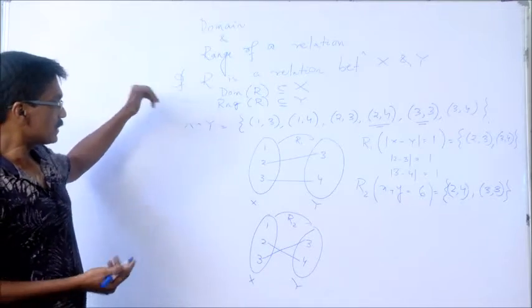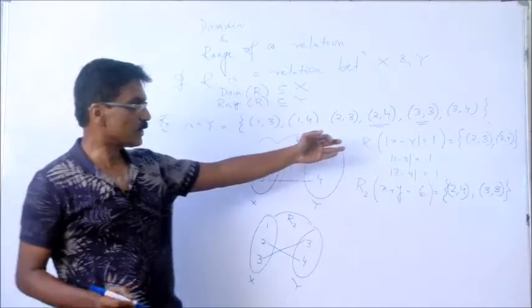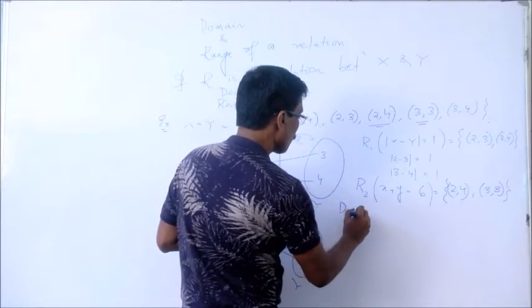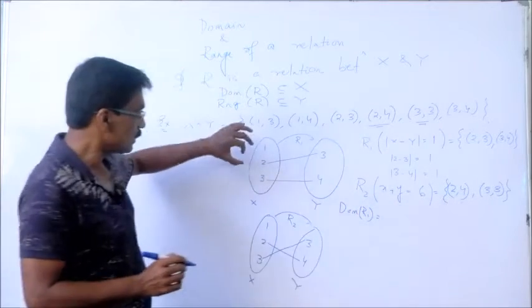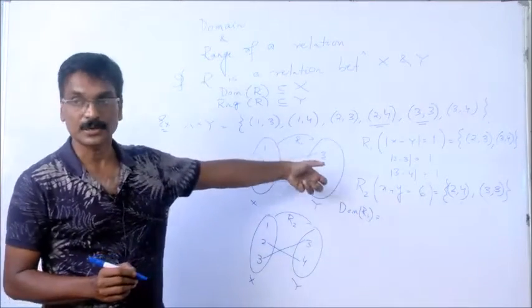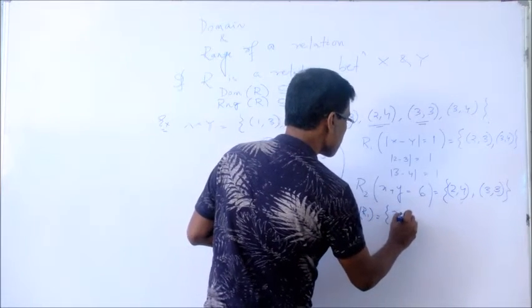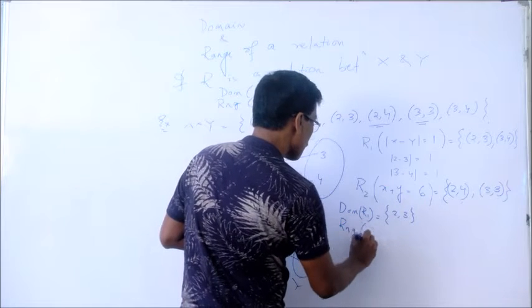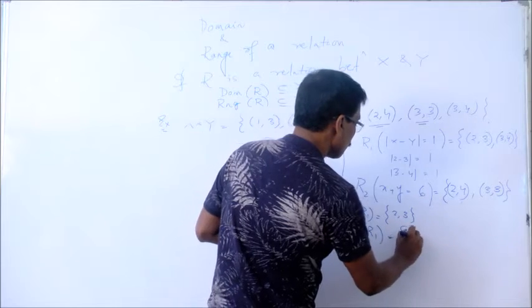So, we can take the same previous example. What is the domain of R1? Obviously, the domain of R1 is those elements which are related with Y. So, out of these elements, the domain of R1 is {2, 3} and the range of R1 is equal to {3, 4}.